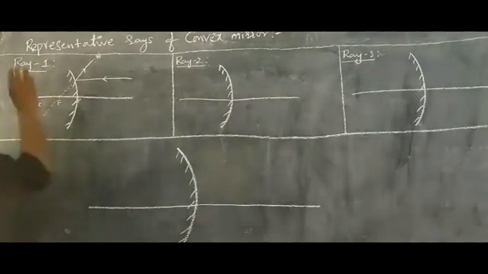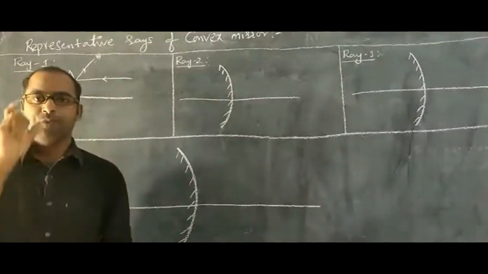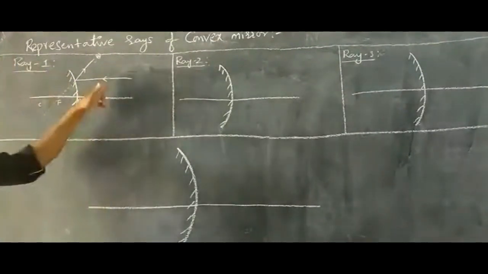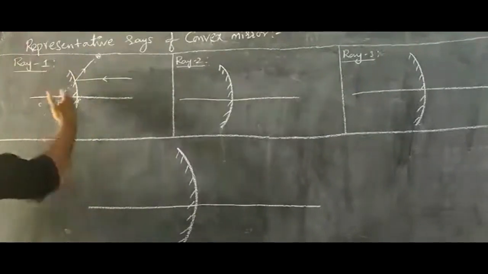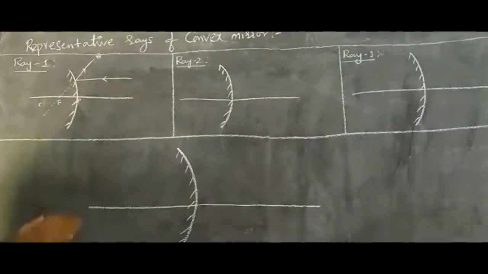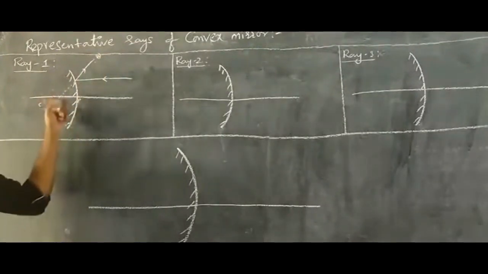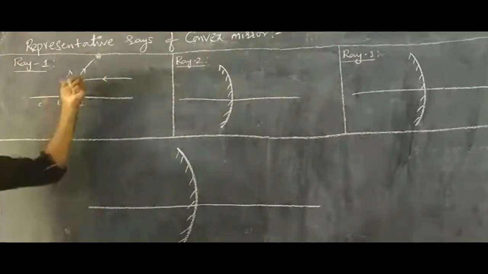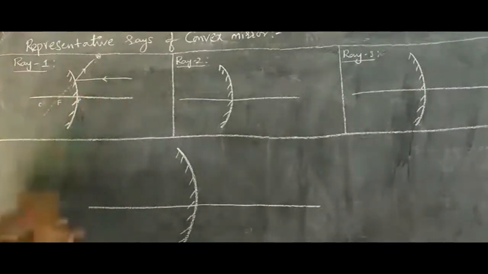So ray 1, or the representative ray 1 in case of convex mirror: when the parallel ray gets incident on the convex mirror, after reflection the ray appears to be coming from the focus, or appears to be passing through the focus.